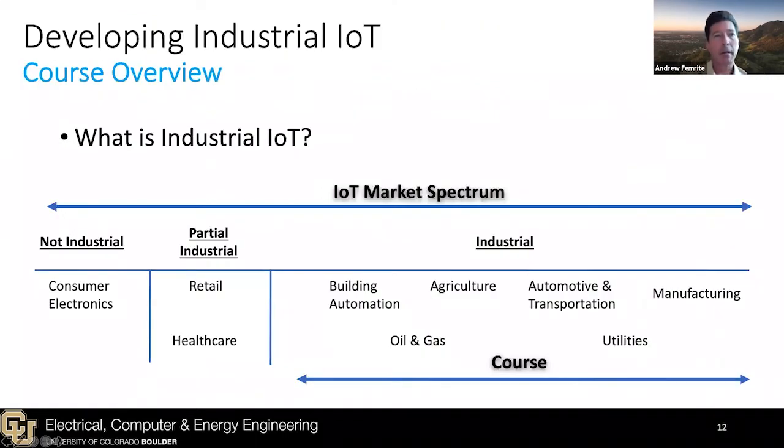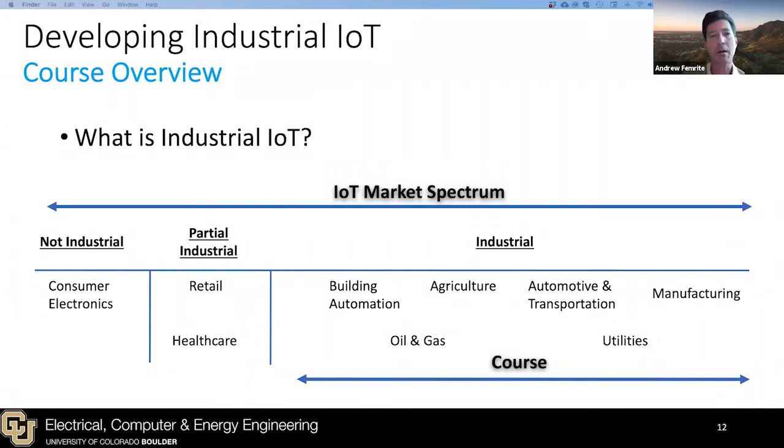In particular, our developing industrial Internet of Things specialization goes beyond the hype of consumer IoT to emphasize a much greater space for potential embedded systems applications and growth, the industrial IoT or IIoT. So the course, as depicted in the diagram on the right-hand side, focuses on segments that for many of us on a daily basis are out of sight or out of mind, as I said earlier.